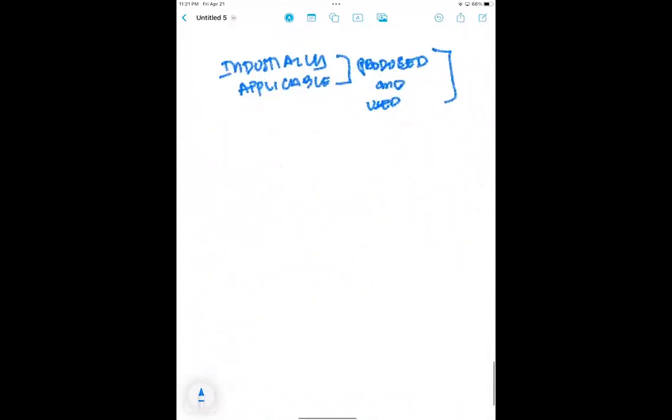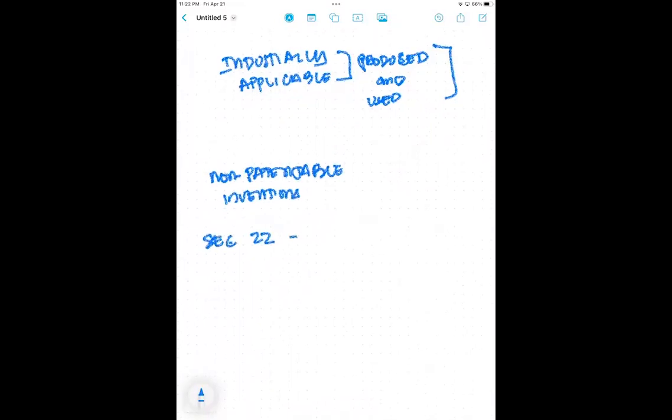Now, next topic would be non-patentable inventions. Now, this is Section 22. This section is composed of 6 paragraphs, which are all important because there are so many questions in the bar examination that were based on this section, Section 22.